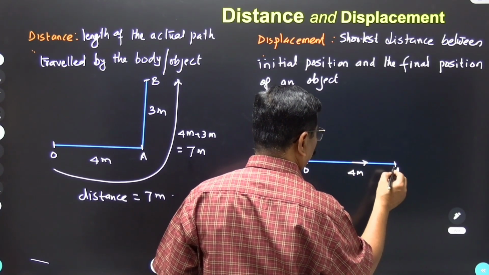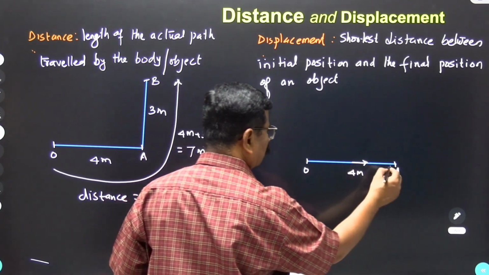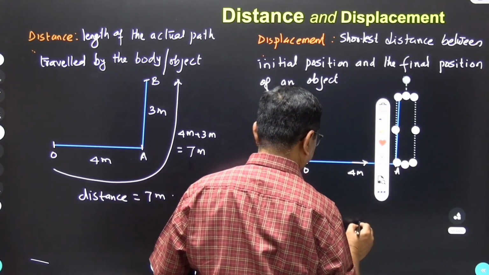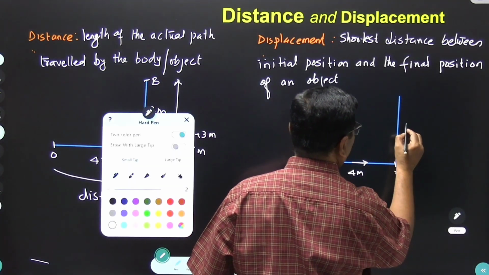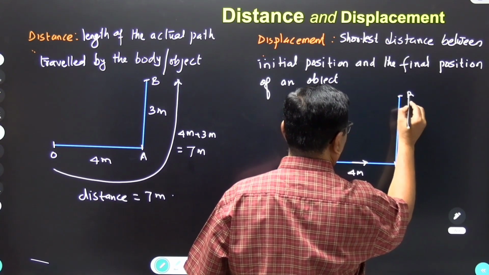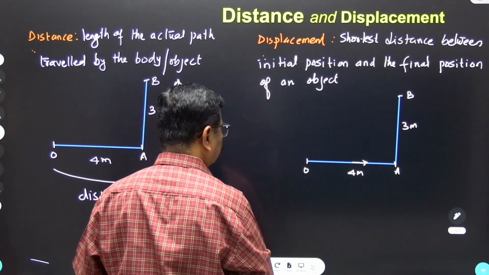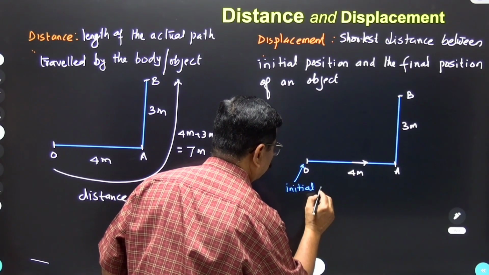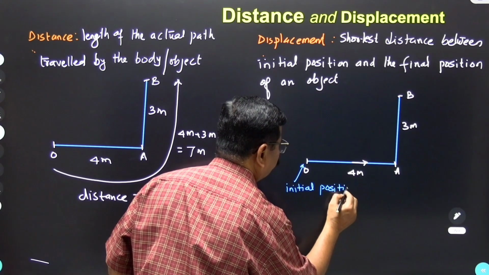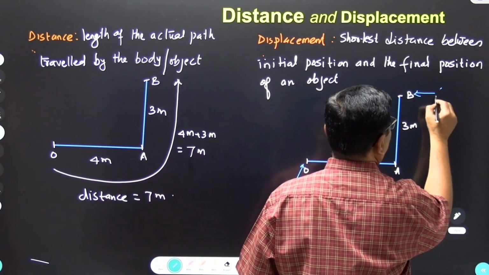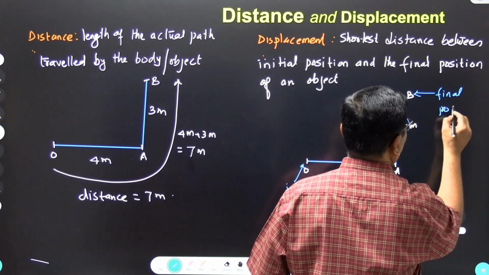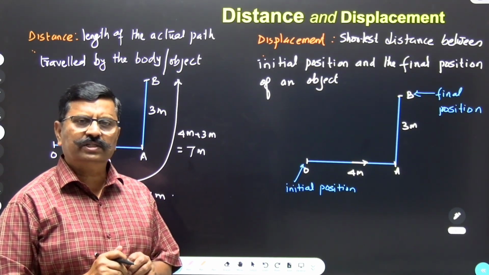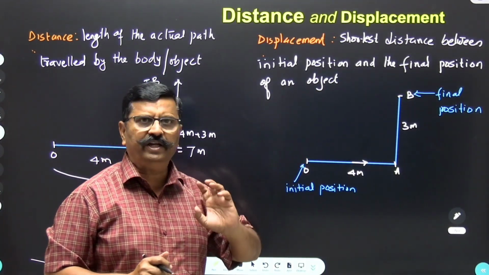Now what he does, he turns perpendicular to this OA at point A, covers 3-meter distance and reaches point B. So understand students, this is the initial position of the object, and this is the final position of the object. Then what is the shortest distance between the initial position and the final position?